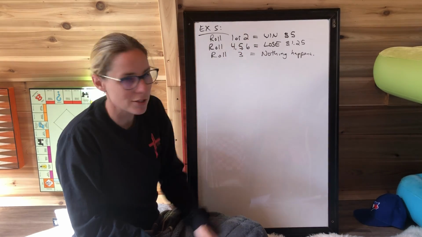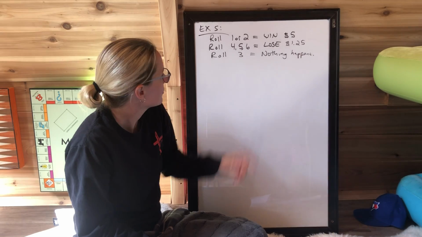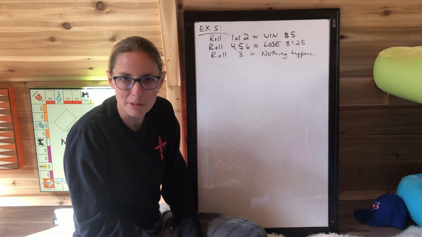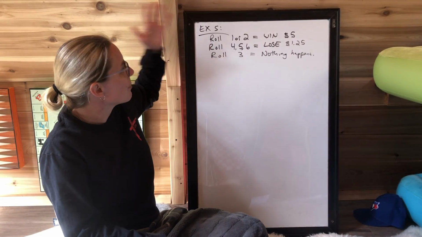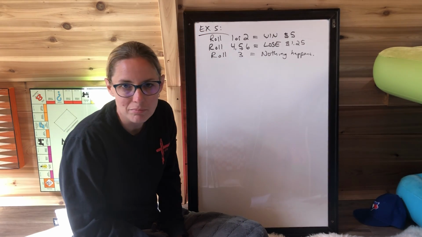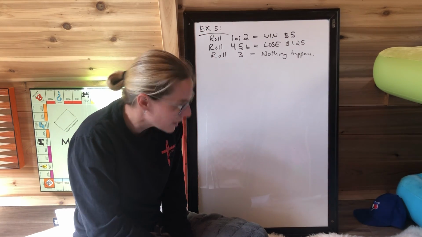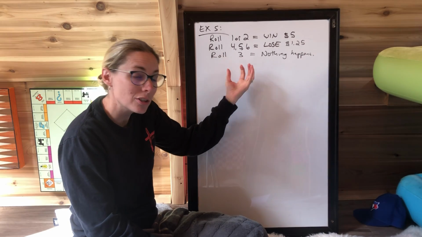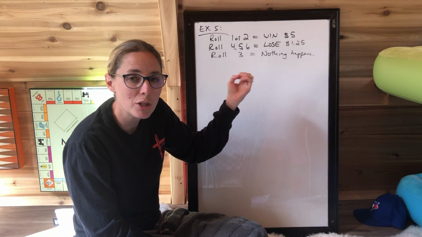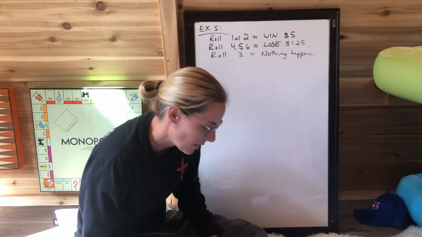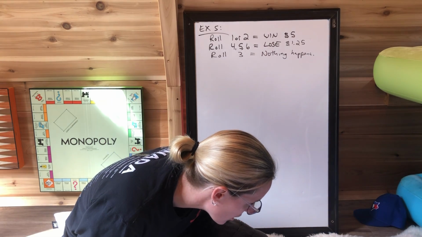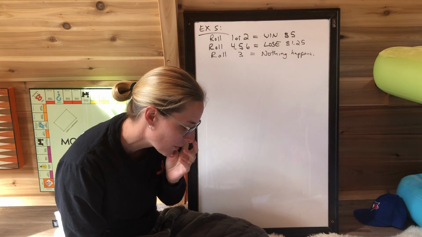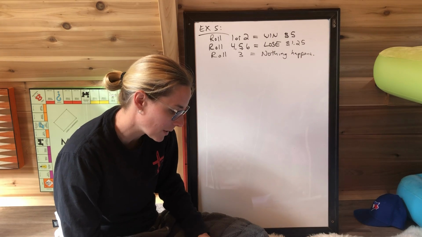If it lands on a 4, 5, or a 6, you have to pay me $1.25. If you roll a 3, nothing happens. Okay, so that's the scenario. That's the game. We want to know, is this a fair game? What is your expected value of winnings, basically? What are you expecting to win? So it wants you to come up with the probability distribution and determine the expected winnings.